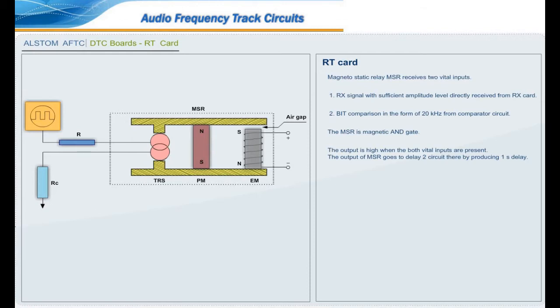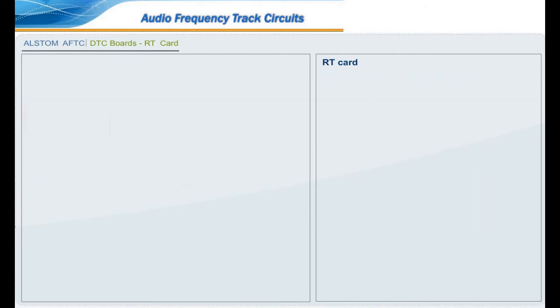The output of magnetostatic relay goes to delay 2 circuit, thereby producing 1 second delay. The delay is caused by transmission and reception filters and transmission line which has characteristics that vary with length. The delay network provides a time delay between 10 and 14 milliseconds approximately.